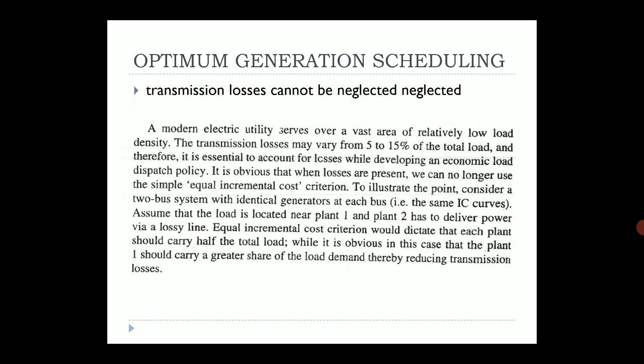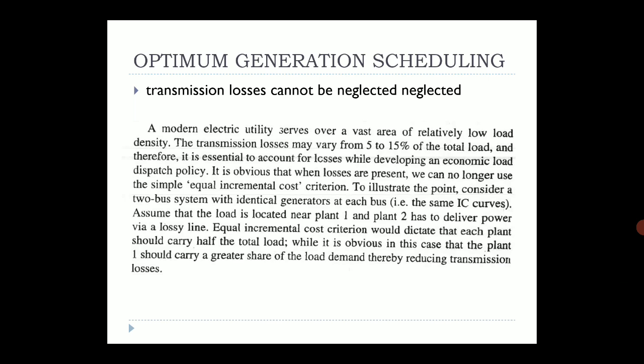Now we assume that the load is located near plant 1 and plant 2 has to deliver power via a lossy line. So the load is actually closer to plant 1. For plant 1 there is no loss in providing the load, but plant 2 has to pass the supply through a lossy line, that is, a transmission line where there are a lot of losses.